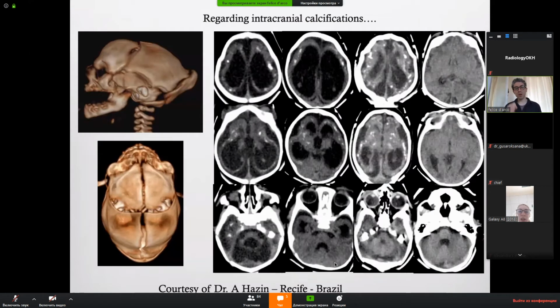But first of all, let me show you this very serious congenital infection. Again, the calcifications are not periventricular, but in the basal ganglia and in the subcortical region. But look how microcephalic it is. This is courtesy of a friend of mine, Adriano Hazin, who published these cases in the New England Journal of Medicine. So Google his name and New England Journal of Medicine, and you will find a beautiful editorial.